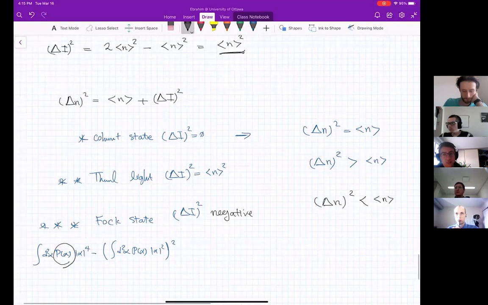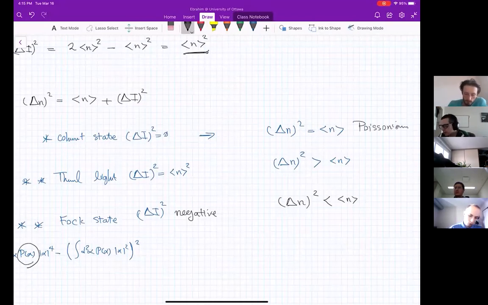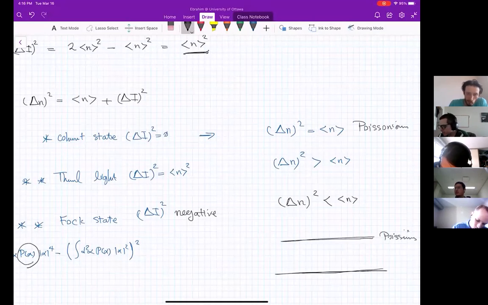Now look at the situation, guys. What is the coherent state probability distribution for photon number? Poissonian. So we call this Poissonian distribution. We will discuss it in proper language later; I just want to get you familiar with it.